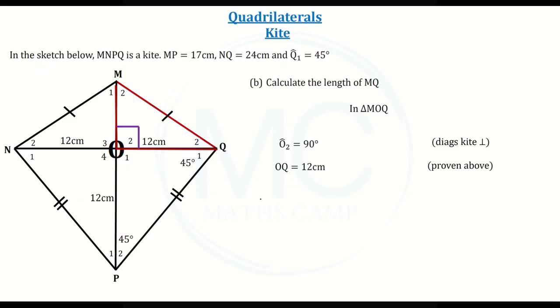We know that MO is equal to the length of the diagonal MP minus OP. The question tells us that MP is 17 centimeters long. So let's make a note that MP is equal to 17 centimeters. And we know this because this has been given to us.